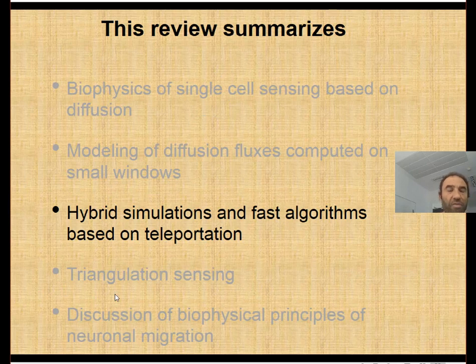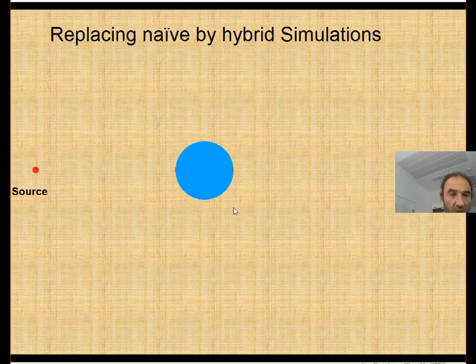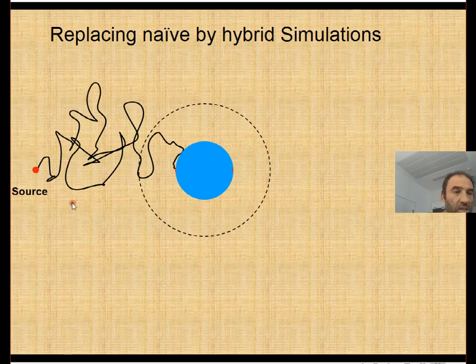Now, if you want to compare this analytical solution with a numerical approach, what we wanted to do is to design a hybrid simulation to avoid simulating all of these trajectories. A typical case is that you have a source, you generate a Brownian trajectory, you look at whether this trajectory ends in one of these two, and you can compute your statistics of interest.